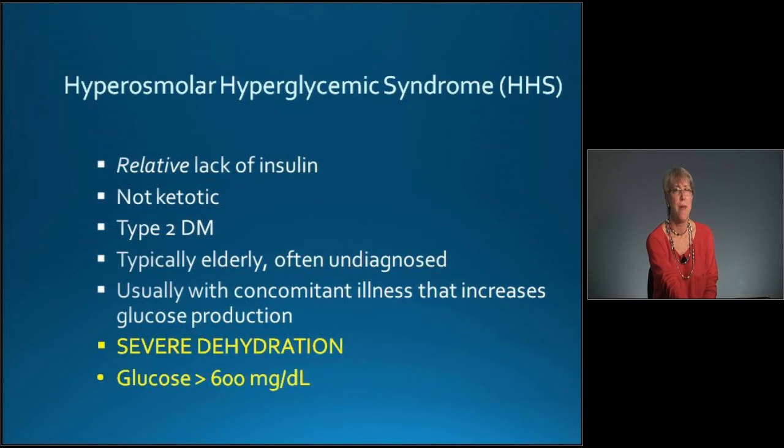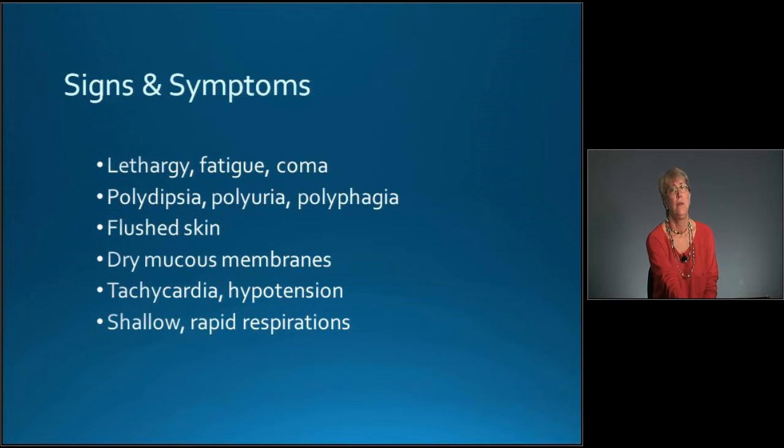It is dramatically elevated. They're lethargic, hard to arouse, tired, all the way to comatose. They have polydipsia, polyuria, and polyphagia, so they're thirsty, they're peeing, they're eating all the time.